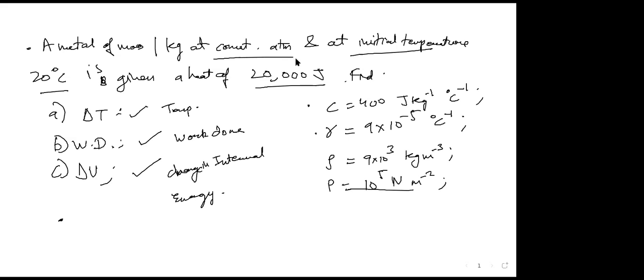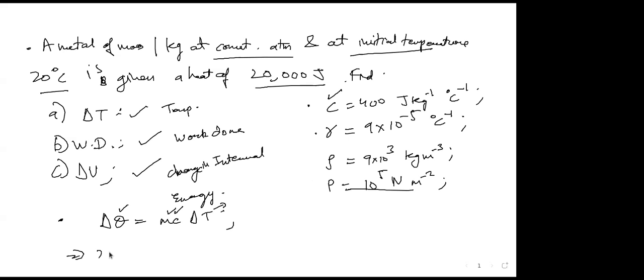The heat content is C delta T. Yes, so the heat is essentially m c delta T. C you're given, m you're given, delta T is what you need to find out, and delta Q is given. Just put in the numbers.